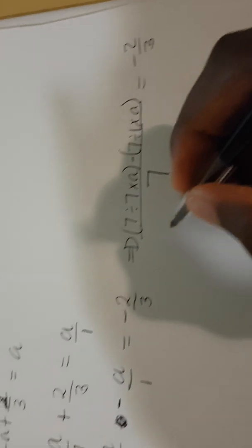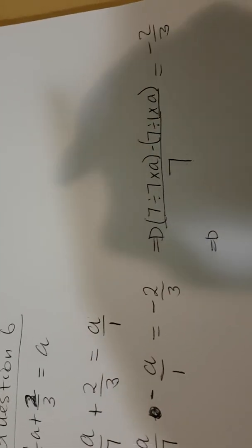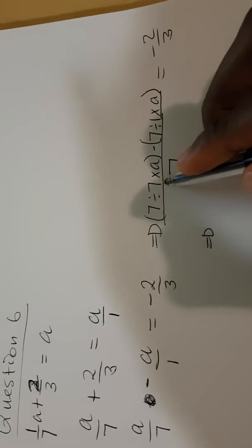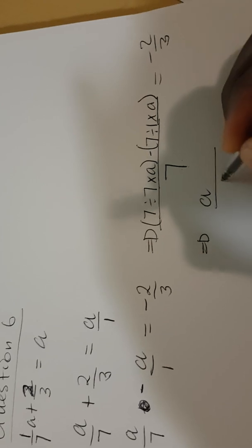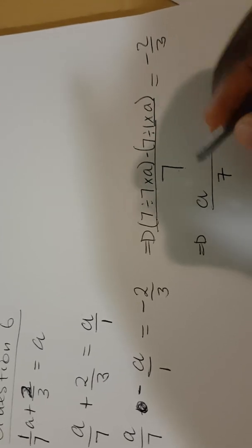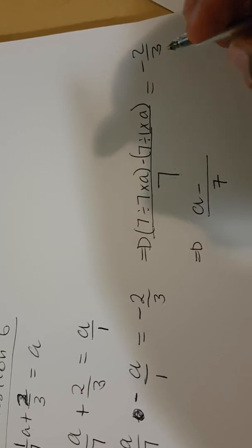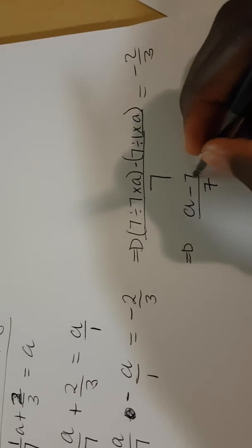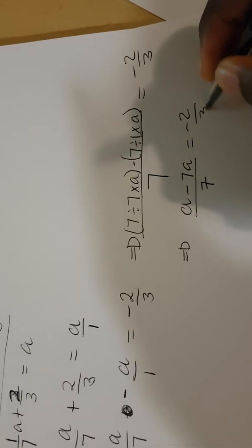So let's see what we have here. 7 divided by 7, it's 1 times a is gonna be a over 7. Okay, minus, we have minus here. 7 divided by 1 is 7 times a is gonna be 7a is equals to minus 2 over 3.